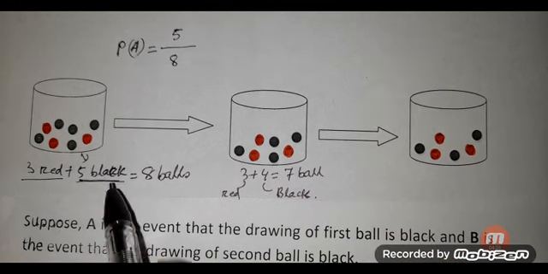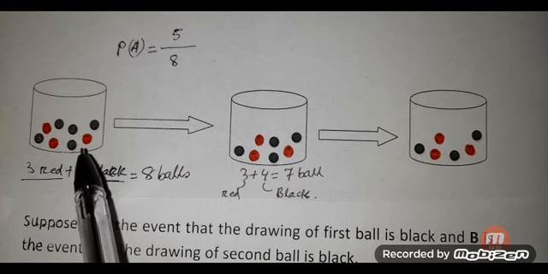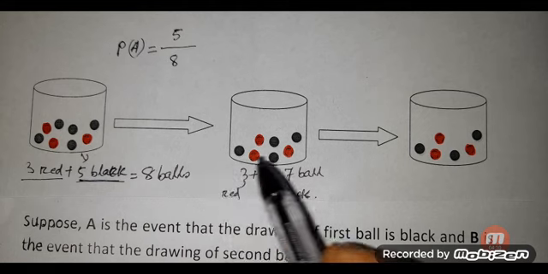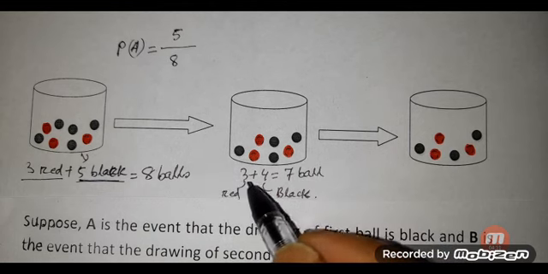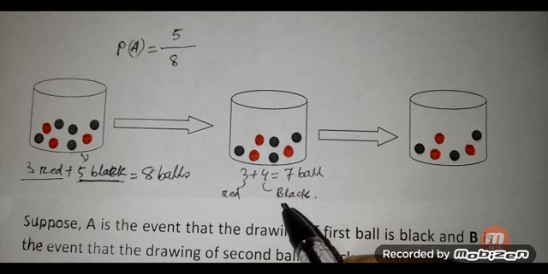That means, after drawing the first ball, if it is a black ball and if it is not replaced, then the bag will contain 3 red balls and 4 black balls.